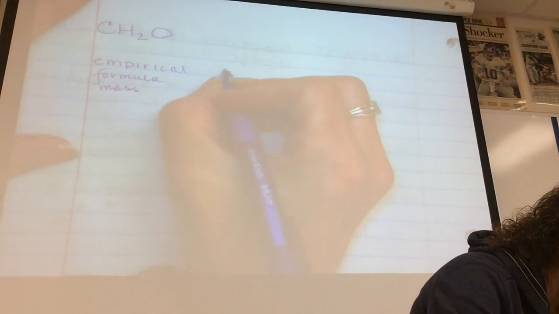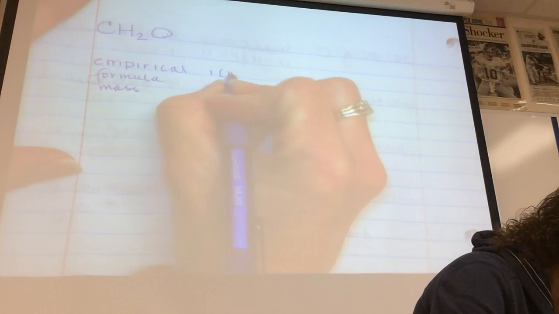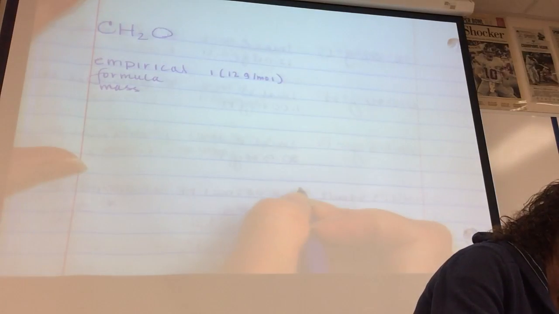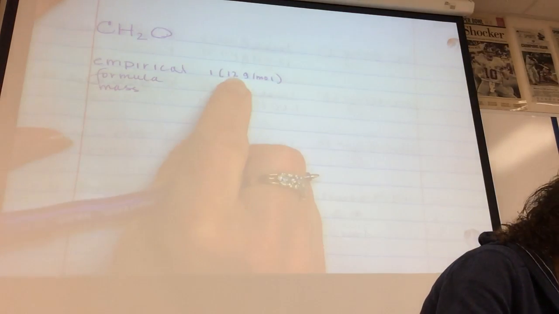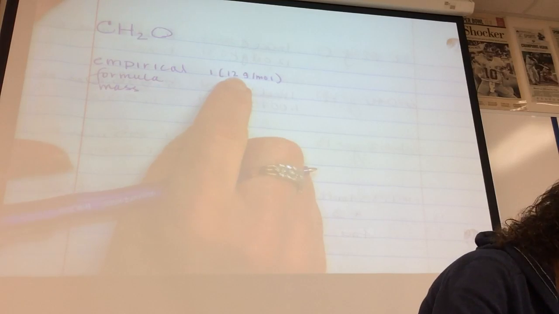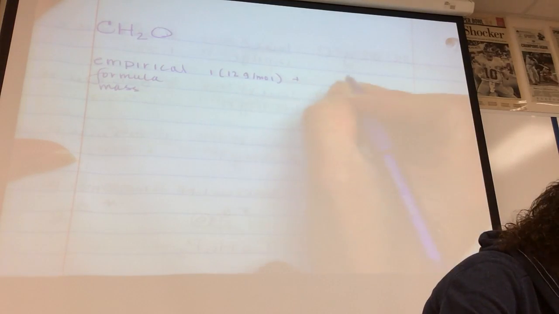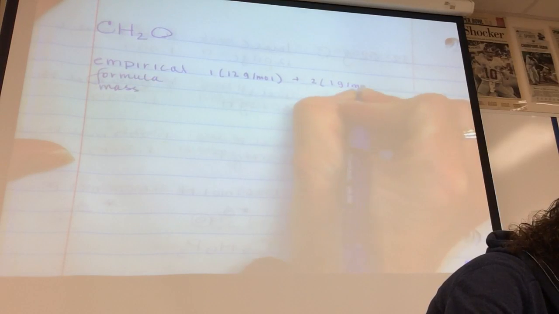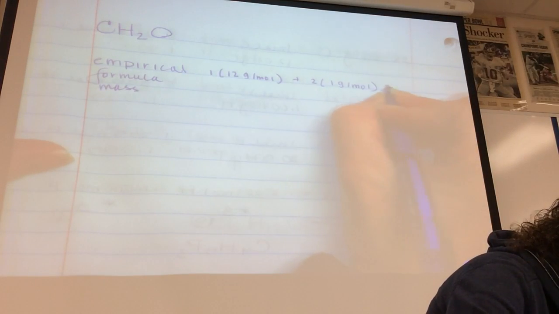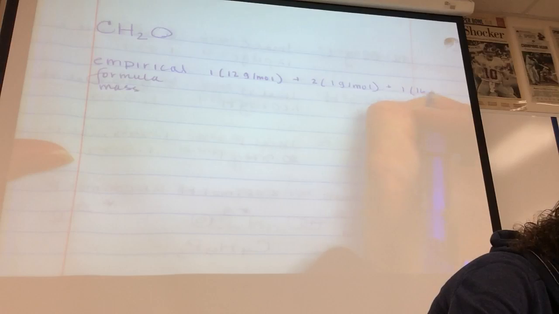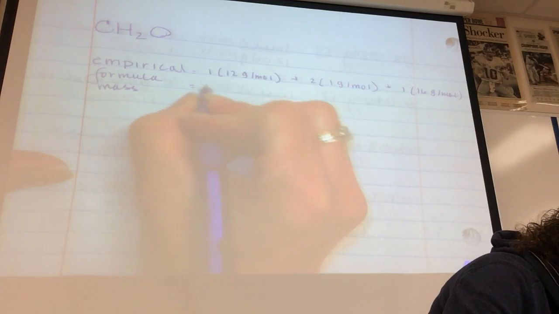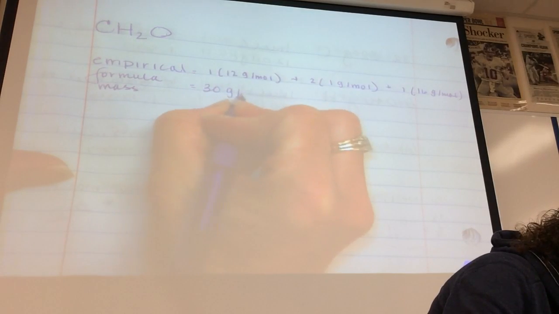You have 1 carbon times its molar mass, and we're just going to use mass numbers, so we rounded it, plus 2 hydrogen, each at 1 gram per mole, plus 1 oxygen at 16 grams per mole, for a total of 14 plus 16 is 30 grams per mole.